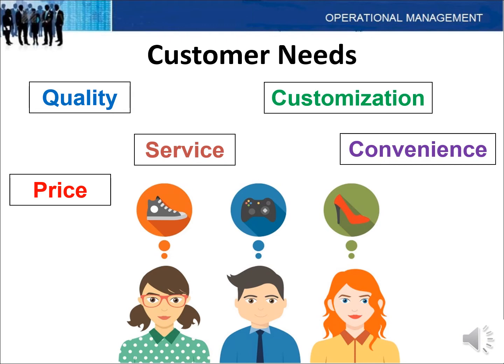So as a provider, as a businessman, you should think about the quality, the price, the services, and the customization. Is it possible to customize any product that you produce? And is it convenient, is it easy to get the products in the market?